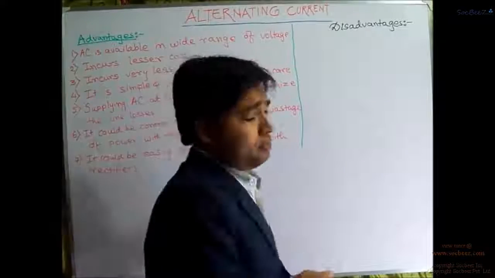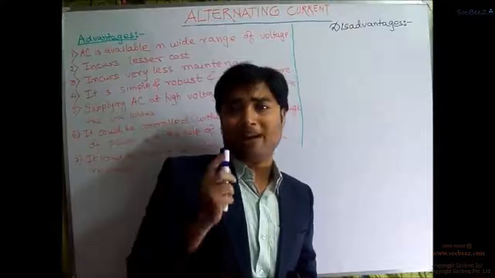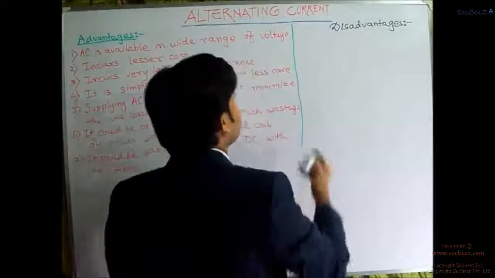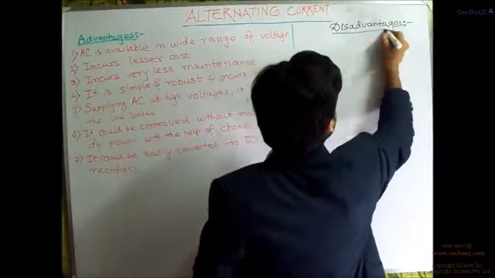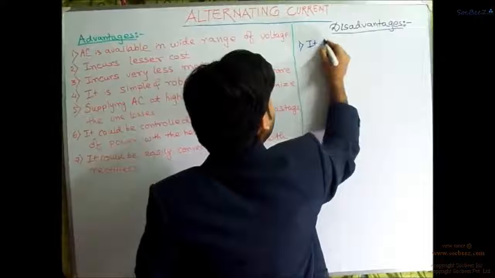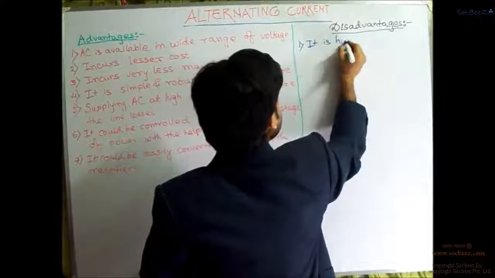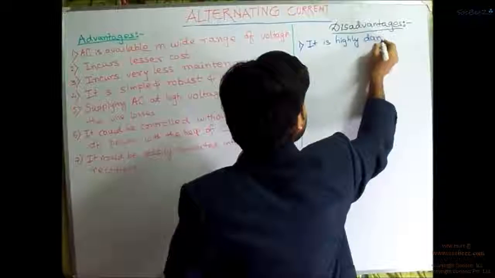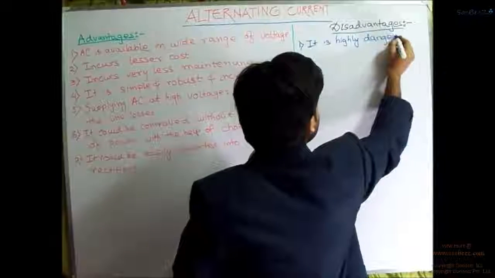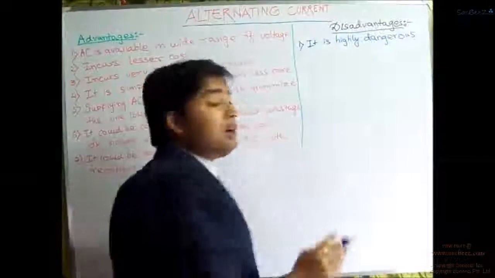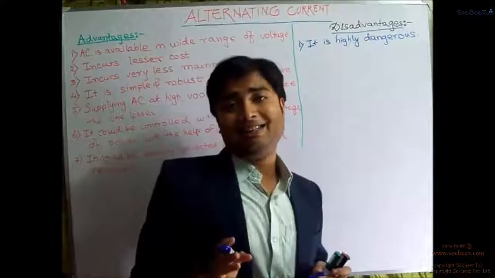The first and foremost disadvantage of an AC is that it is highly dangerous. Number one, it is highly dangerous as compared to the direct current.